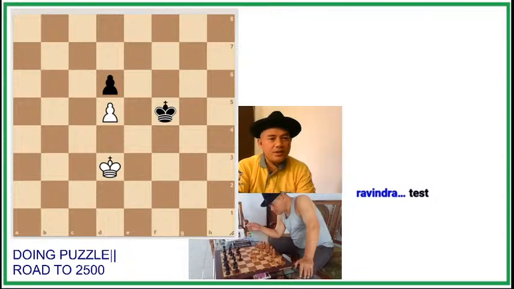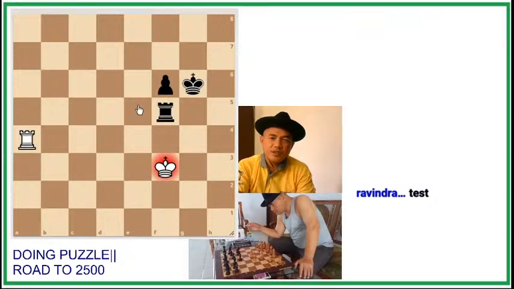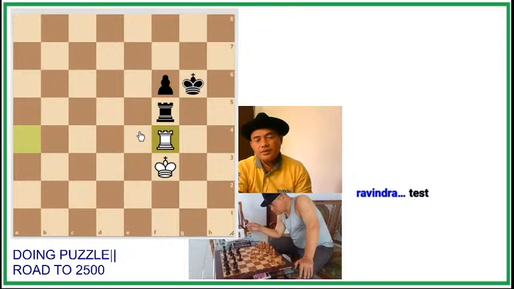Okay, and then this is also an example of the key square. In this position, white moves his rook here, and after black moves, white resigns.